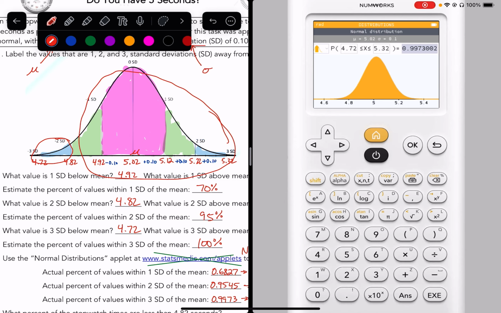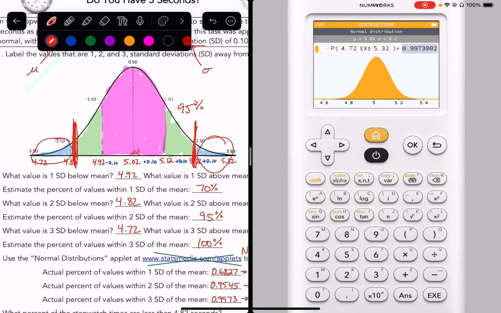Okay, so one of the things we can think about is we know from the start of this green bar to this green bar, within 2 standard deviations of the mean, that's a total of 95%. And so we know that part's 95, which just means how much is this extra part that we can get rid of.